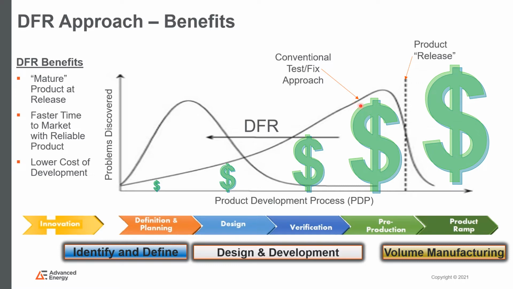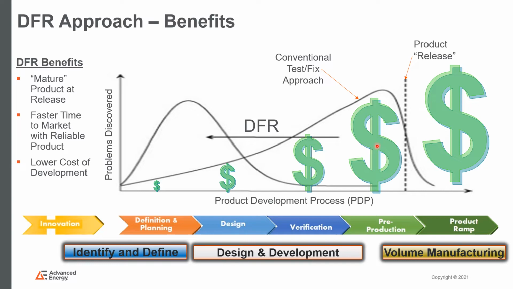And it costs a lot. If you have a board turn right before you're set to release the product, that'll either push the product release, or you have to have a heroic effort to be able to fix the problem, get it back in, retest, verify it. So it takes a lot of resources to find and fix problems at this late stage in the product development process.